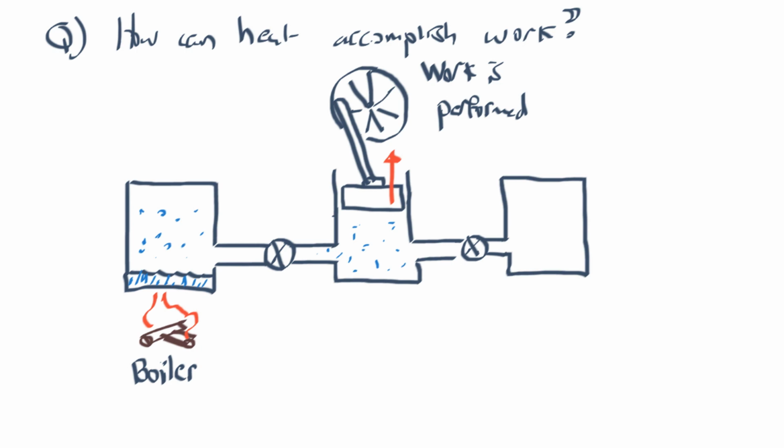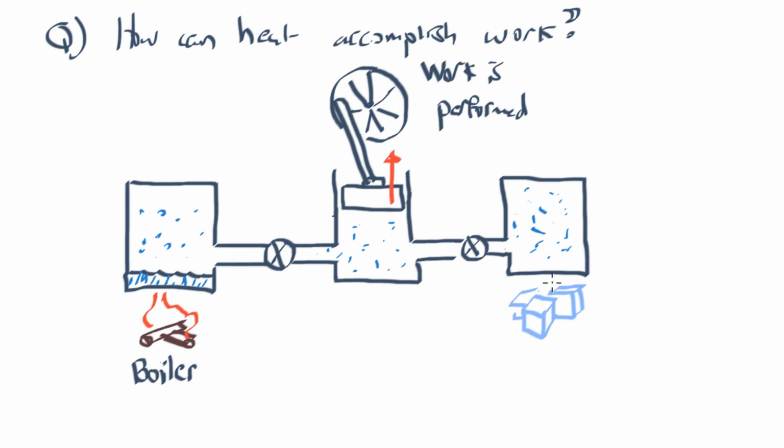Okay, so this piston is pushed upward, and then at the moment that it's at the top of its stroke, suppose we were to close the valve on the left and open the valve on the right. When the valve on the right is opened, the steam enters this chamber right here. And now suppose that beneath the chamber on the right, we put some blocks of ice. I'll draw some ice cubes over here to schematically represent this situation.